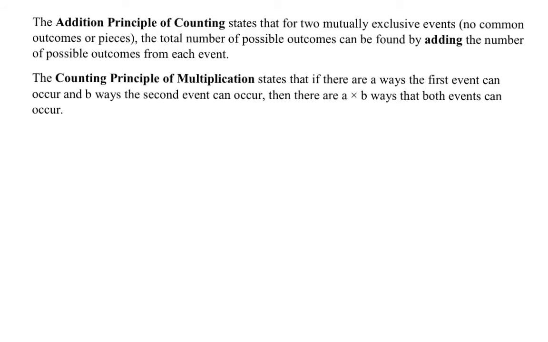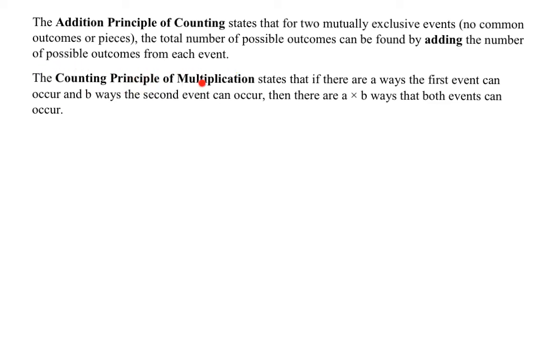There are two counting principles that can help us out with these problems. The addition principle of counting states that for two mutually exclusive events, so there's no common outcomes or pieces, so they don't have anything to do with each other, the total number of possible outcomes can be found by adding the number of possible outcomes from each event.